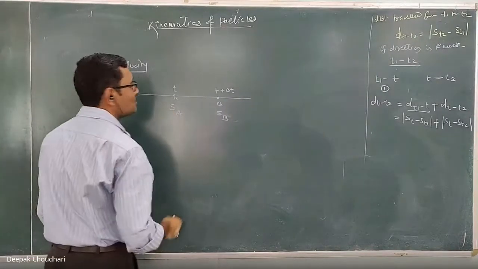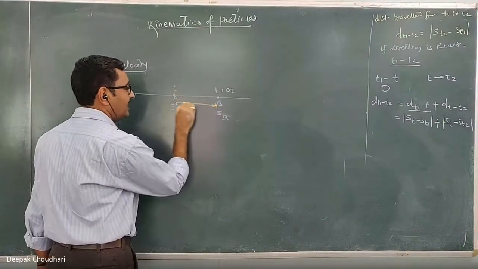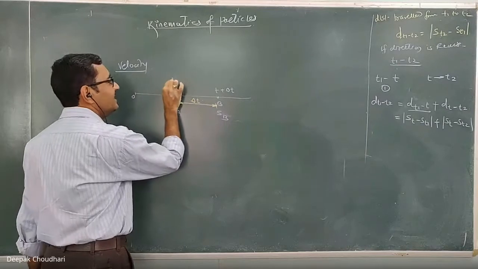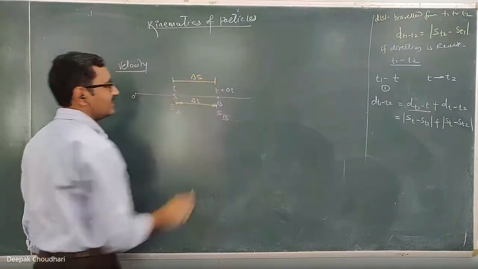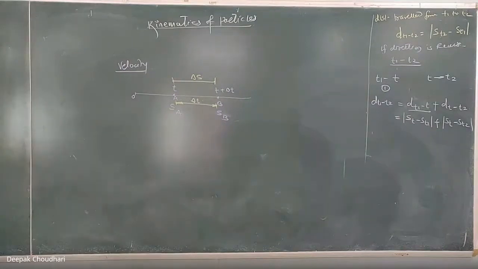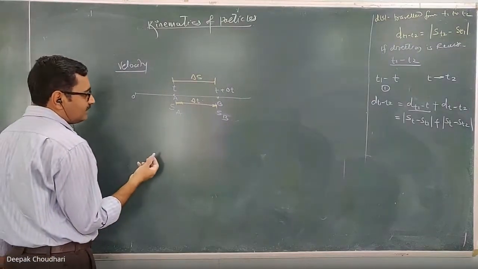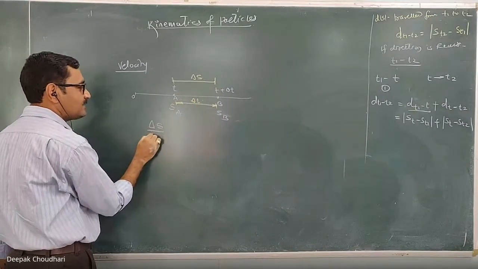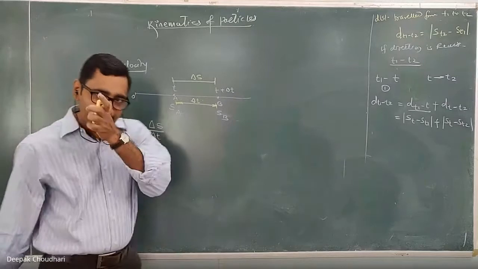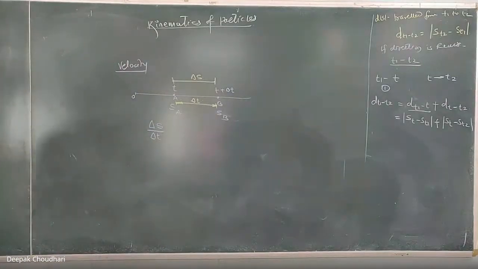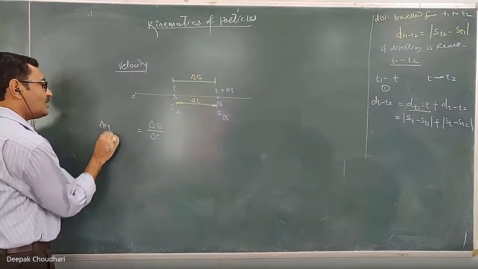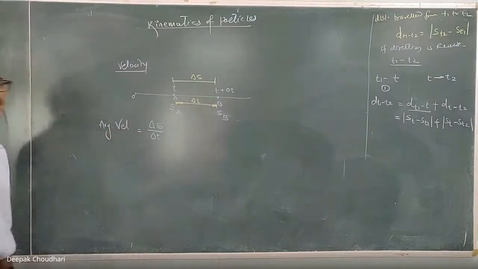Now in this motion, when the particle moves from A to B, the time interval is delta t. And in this delta t, let the change in displacement be delta s. Delta s is the change in displacement in a time interval of delta t. So from A to B, this ratio of change in displacement per unit time is known as the average velocity.